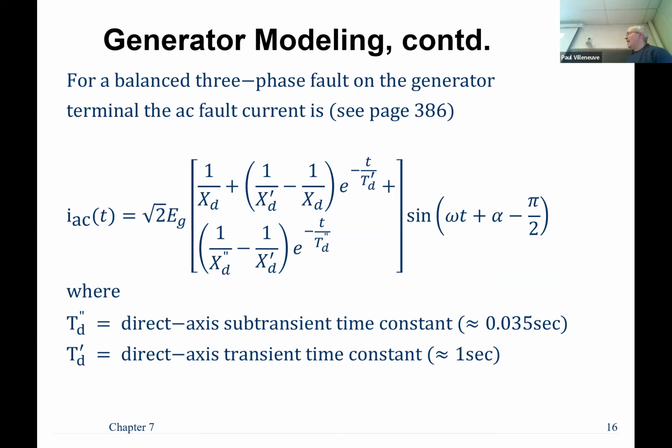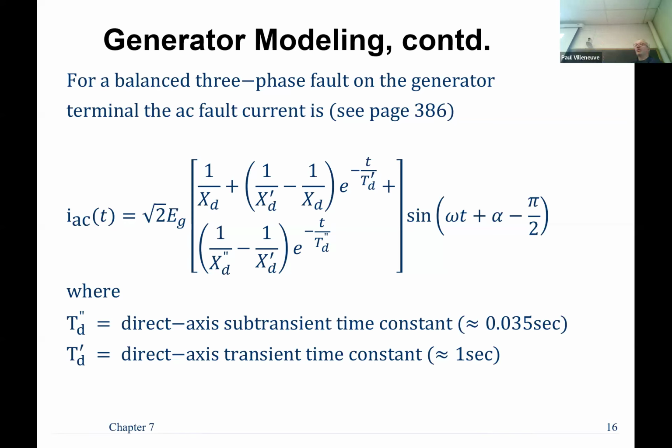So here's the equation. As you walk through time, as indicated by the time constant, you can see what the current is. And because we want this to be one equation, we have to write an extended equation. We have 1 over XD, which is the steady state value. So if we're after 5 time constants, that's the only one that's left. Then we have 1 over XD prime minus 1 over XD.